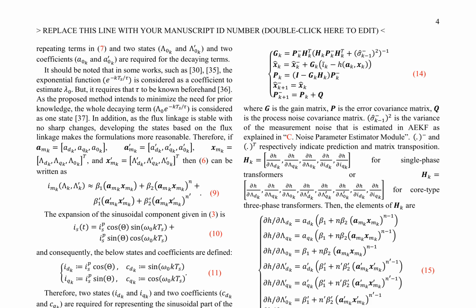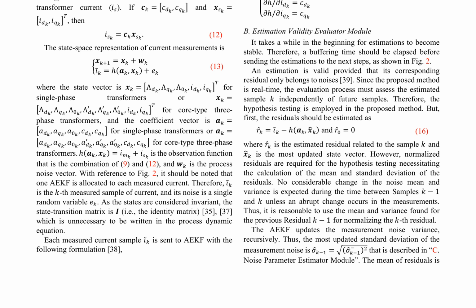A buffering time is required before sending the estimations to the next steps. An estimation validity evaluator module assesses the estimated samples independently of future samples using hypothesis testing. The method recursively updates the measurement noise variance and estimates the residuals, mean, and standard deviation for normalizing the residuals.